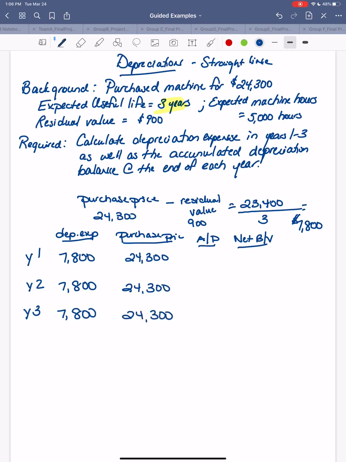All right, but what does change? Well, year 1, my depreciation is $7,800, so my accumulated depreciation is $7,800. Because remember, the entry I make every time is a debit to depreciation expense, right? That's on the income statement, and a credit to this funny account called accumulated depreciation.